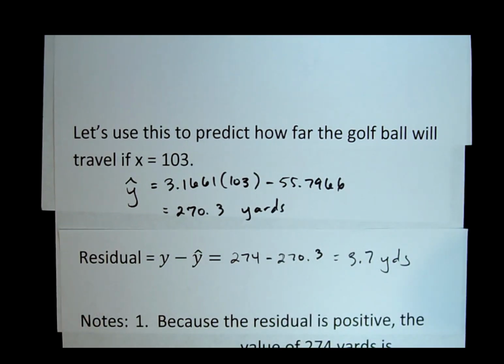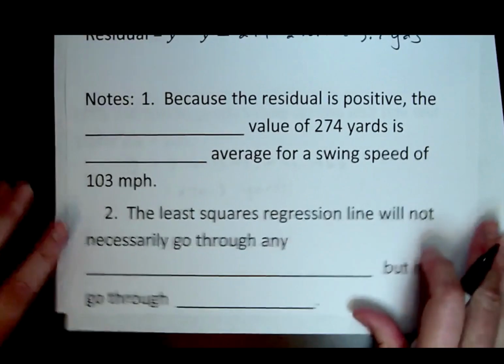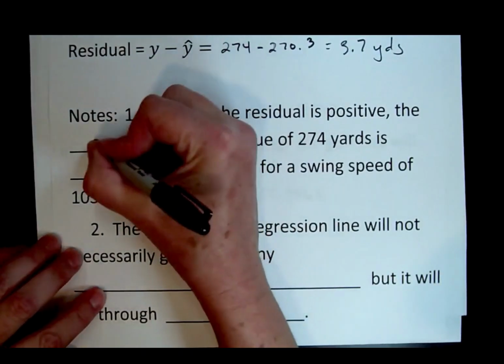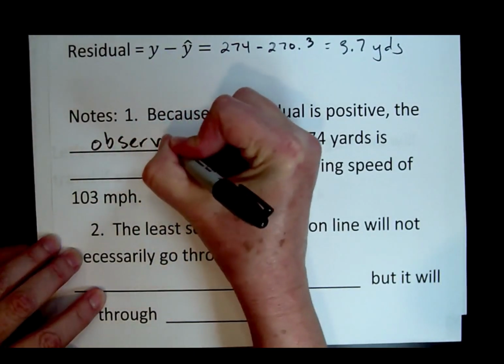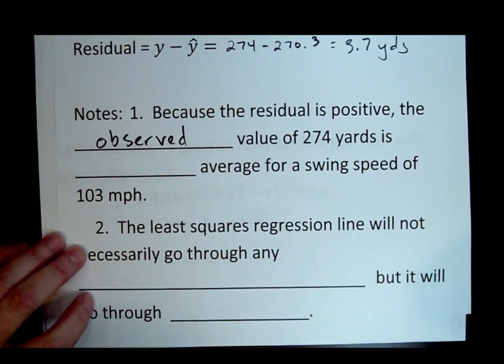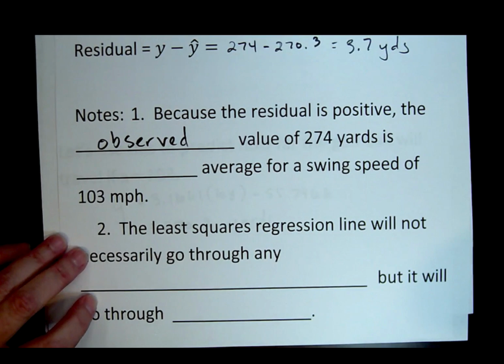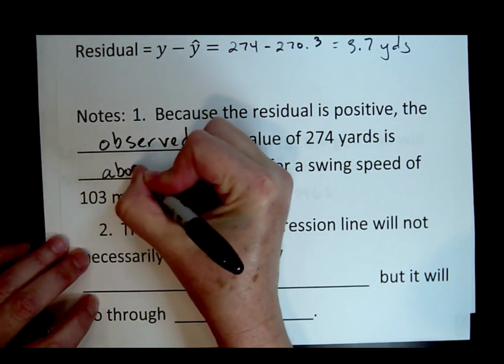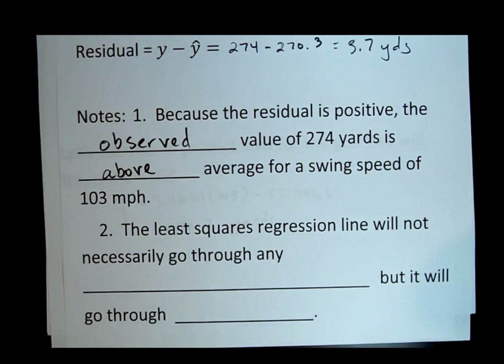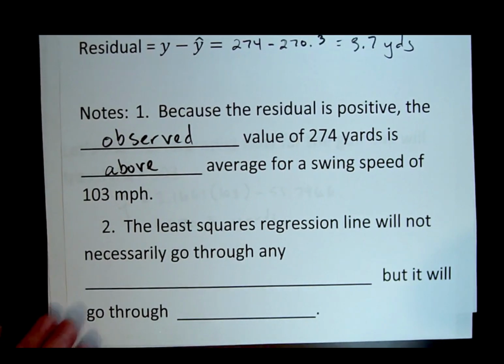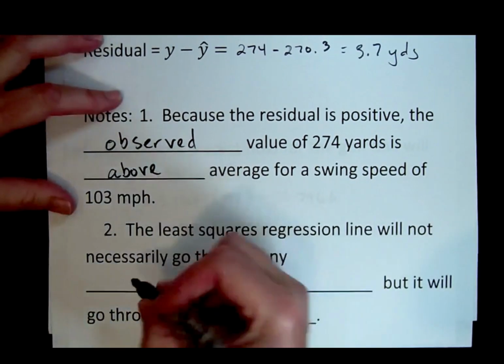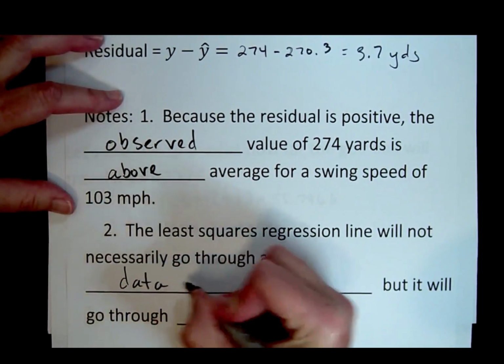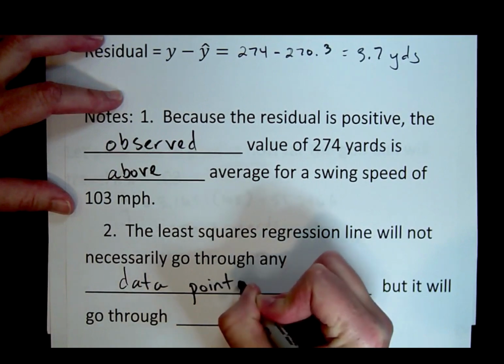Couple of notes about this. Because the residual is positive, that tells us the observed value of 274 yards, well, it's above that least squares regression line, so it's above average for a swing speed of 103 miles per hour. Second, the least squares regression line will not necessarily go through any of the data points on the scatter graph.